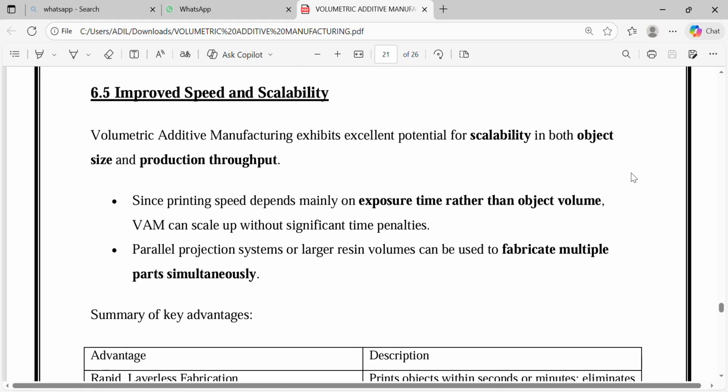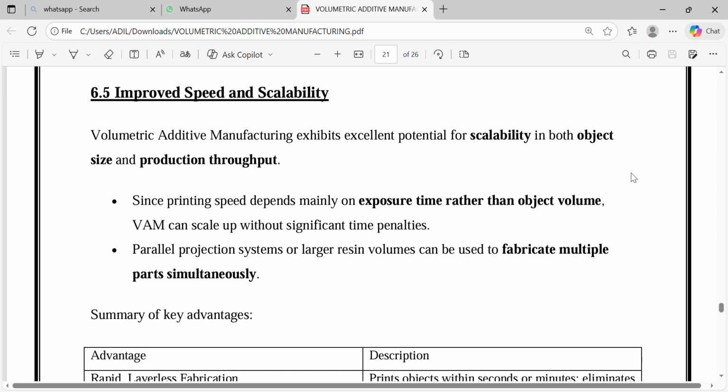Improved speed and scalability. Volumetric additive manufacturing exhibits excellent potential for scalability. Scalability depends on printing speed, resolution, and build volume, and it is improved by parallel processing, upscaling printing technology, and optimizing process parameters in both object size and projection throughput.